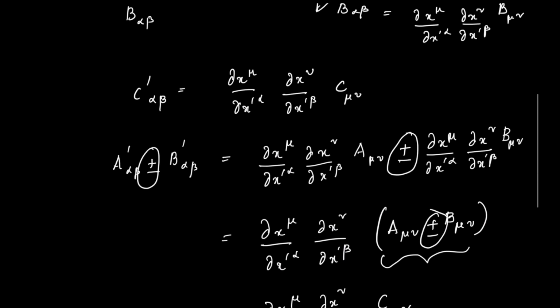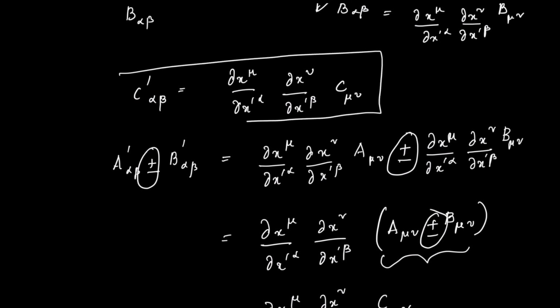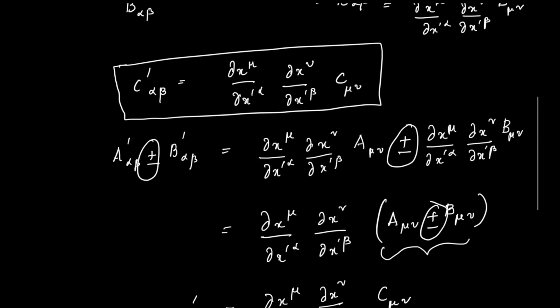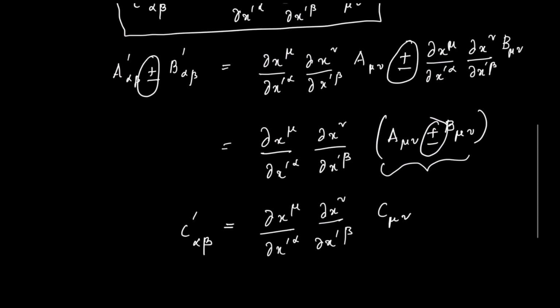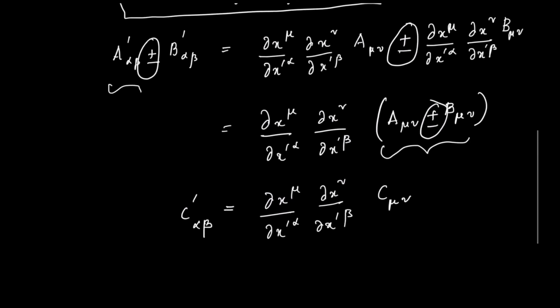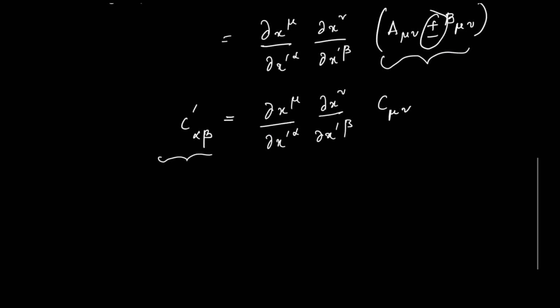Then if you see the definition of C prime alpha beta, this can be written as C prime alpha beta, because it is similar to the right hand side of C prime alpha beta, which means A prime alpha beta plus or minus B prime alpha beta, you get C prime alpha beta, right?